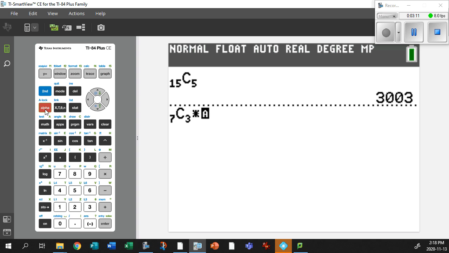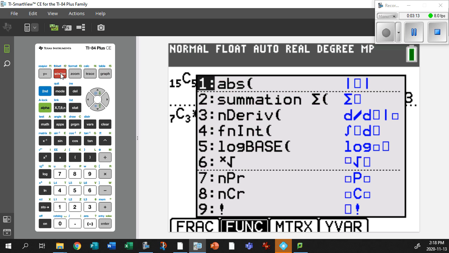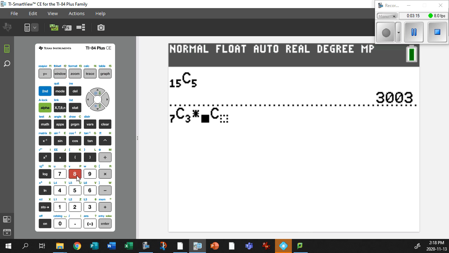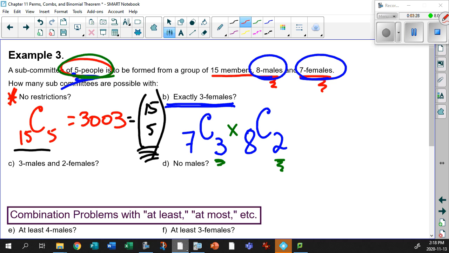And again, alpha 2. I'm going to get 8 again. Out of the remaining people, which are all going to be males, right? I have to choose 2 of them. Perfect. Hit enter. Let's see what you got. I got 980 possible arrangements for this.